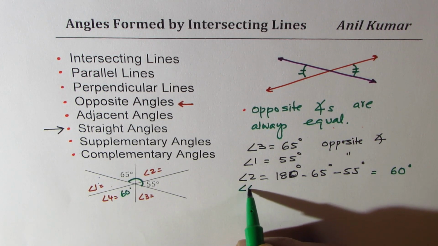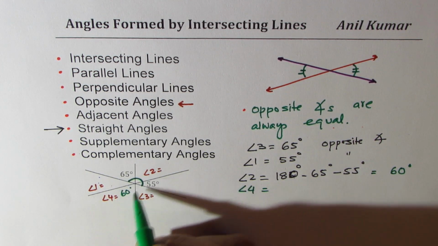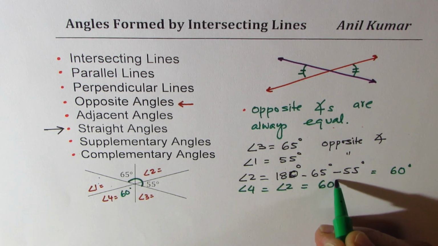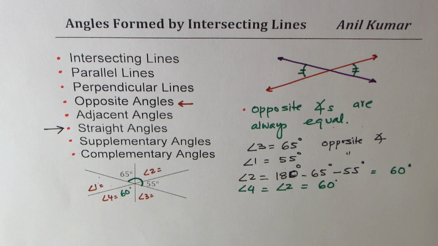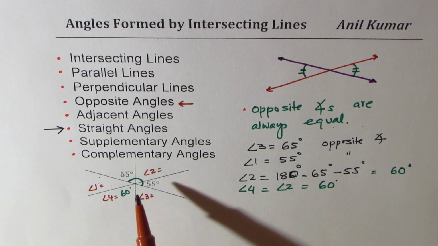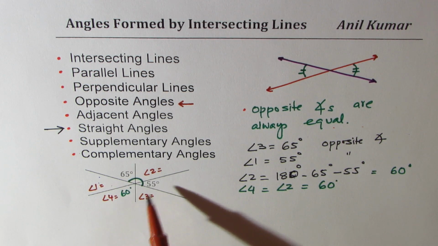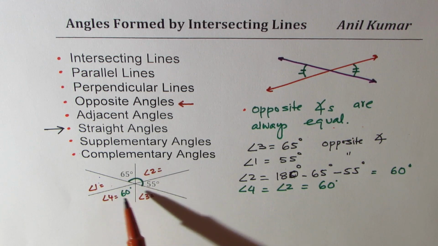Now since angle 4 is opposite to angle 2, it has to be equal to angle 2, and that should also be equal to 60 degrees. Correct? That makes sense?